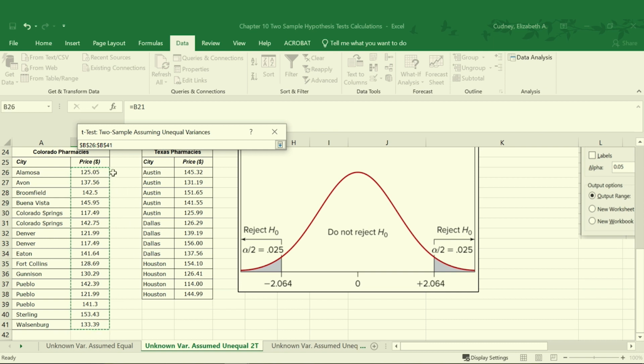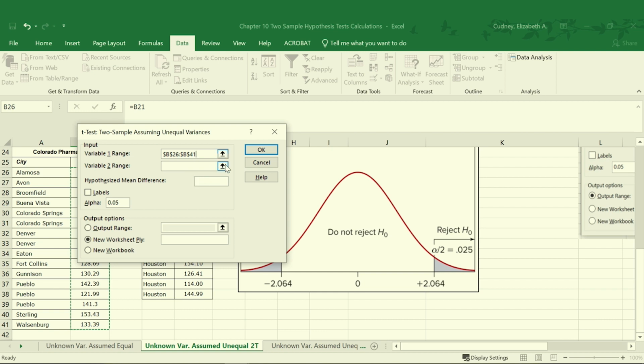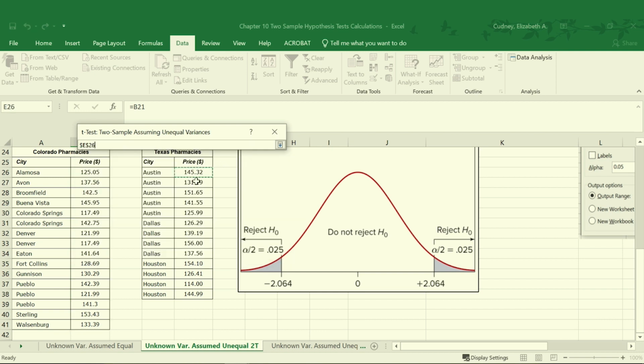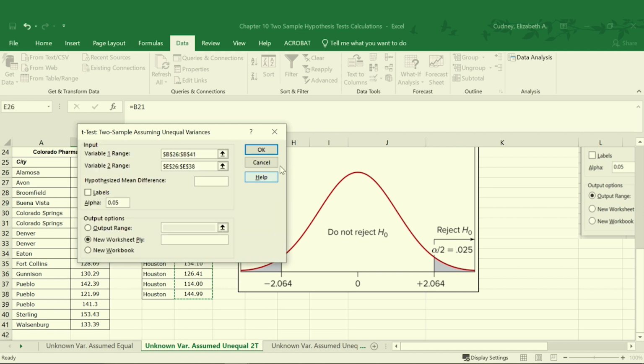You'll notice in this one I'm not selecting the labels because the labels are not descriptive enough. If I had information that said this was Colorado, then I'd want to select that label because it'll help with showing the output in the end. My variable 2 range will be E26 through E38.